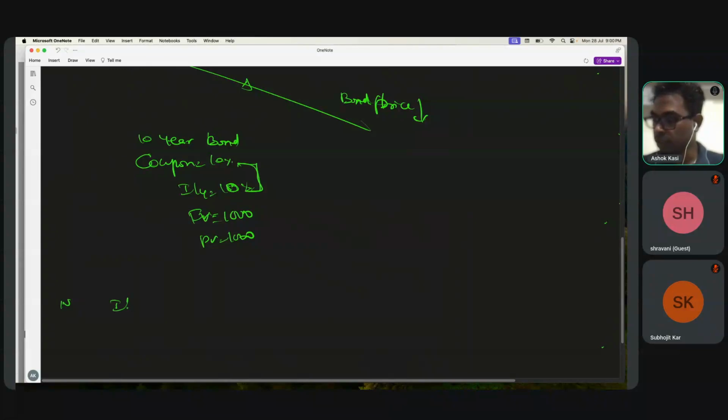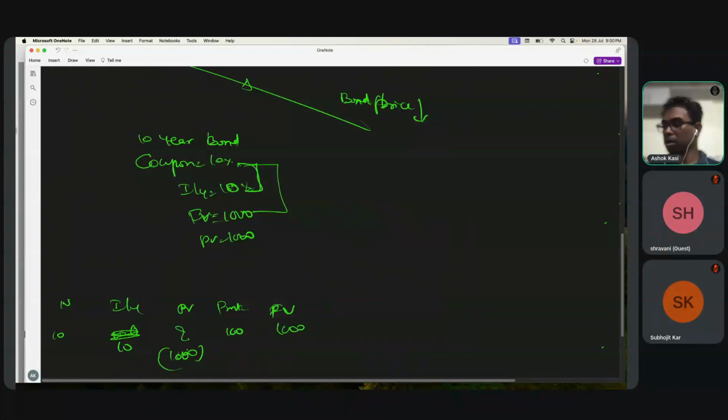If you want, you check like this now. N is 10. IY is 10. Payment is 100. Future value is 1000. Calculate the present value. You will get 1000. Just check. Yes, sir. It's 1,000.